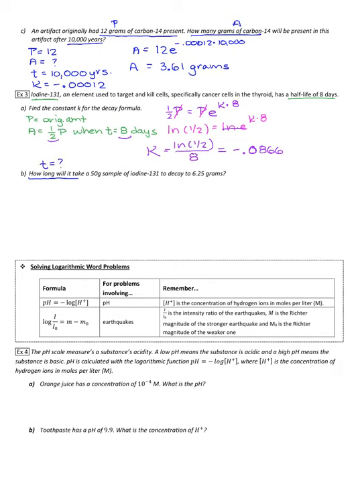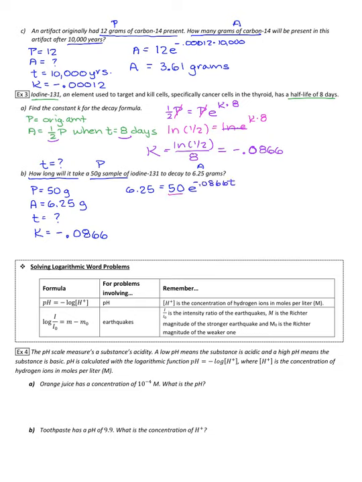All right, so we're going to use that k to find out how long it will take, so we're trying to solve for t, for a 50-gram sample to decay to 6.25 grams. So now my original amount is 50 grams. The amount after a certain amount of time is 6.25 grams. T is what we're trying to solve for, and K is what we solved for in the last problem. Here we go. All right, so we set it up. We have 6.25 equals 50 e to the negative 0.0866 t.